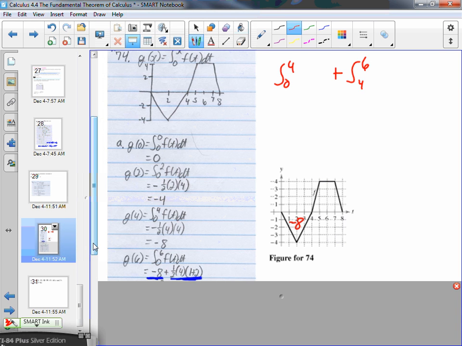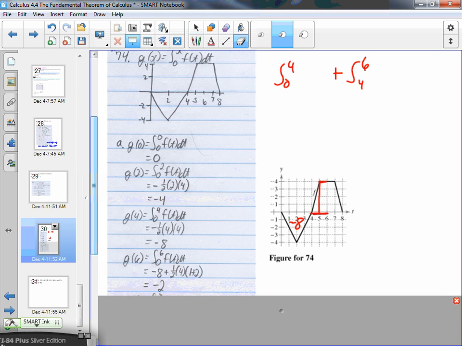So the height would be that. One of the bases is that. The other base is that. So 1/2 times a height of 4 times the sum of a base of 1 plus a base of 2. Which gives me negative 2 when I'm done.